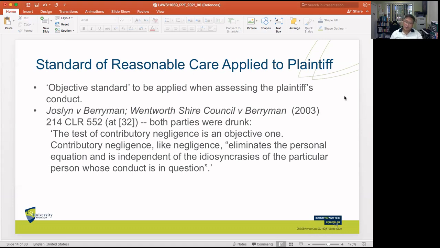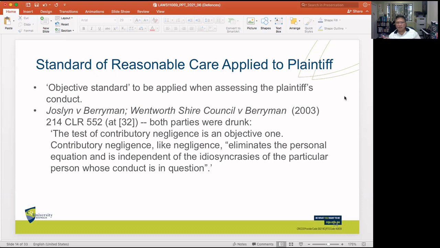Because, as we know under the common law, if you use a subjective standard, then there is no limit to what kind of standard could be expected, because if it's peculiar, if it's idiosyncratic to each particular defendant, then there is no end, because there are many ways by which every individual can be different. So instead, what you have is an objective standard based on what a reasonable person would be expected to do.